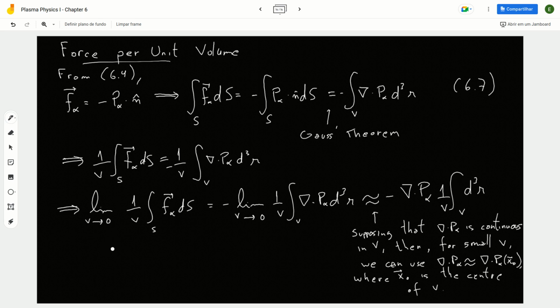I'm integrating in space, so this is actually the volume, 1 over V times V. Therefore, the limit of V going to 0 of 1 over V of the integral over S of F dS is approximately equal to minus the divergence of P.